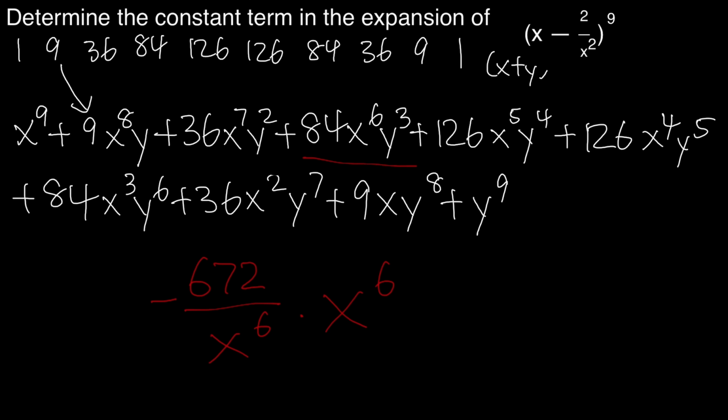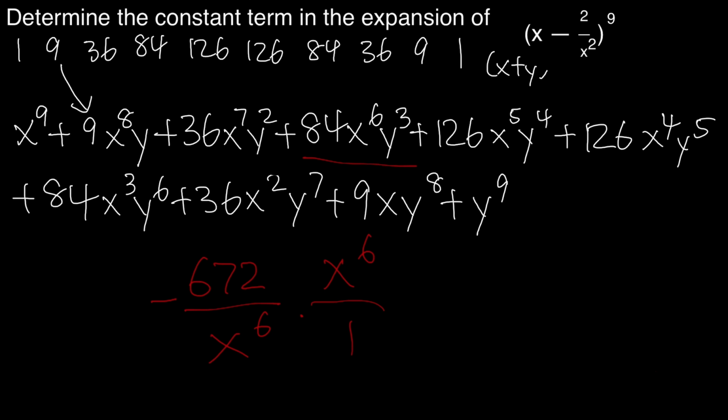Well, we can actually turn this x to the 6th into a fraction. x to the 6th is also equal to x to the 6th over 1. As you might know, any number divided by 1 is just itself. So we can rewrite it as x to the 6th over 1. Now we have a really, really simple fraction multiplication problem.